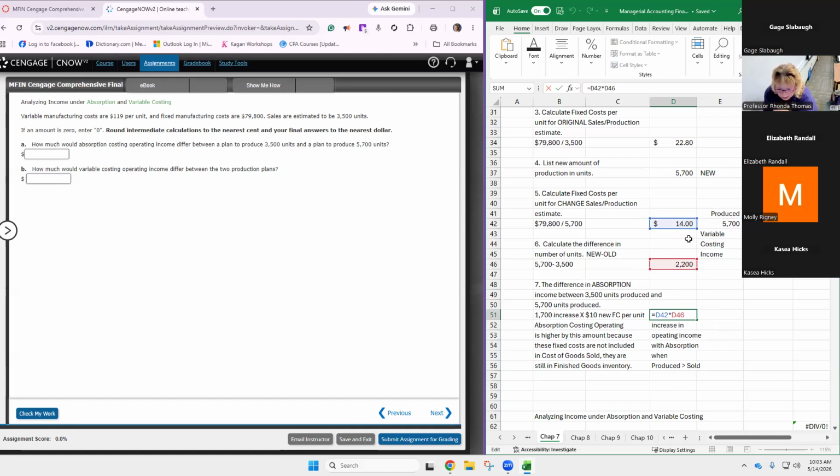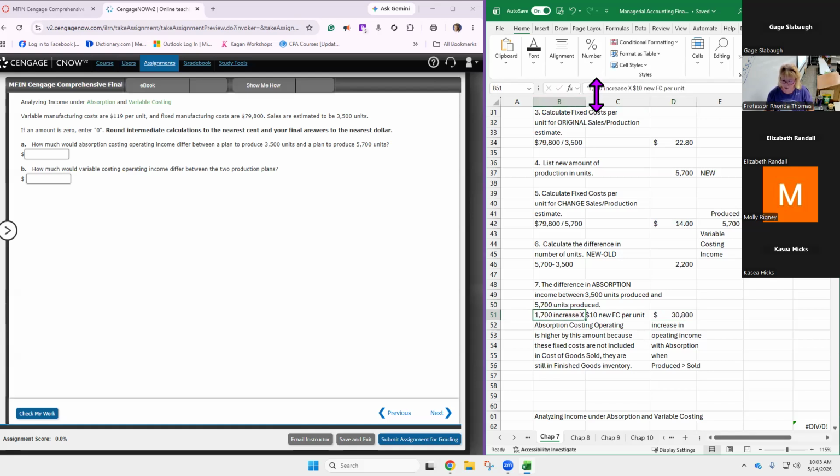And you say, how does finding a fixed cost result in more income? Well, I'll try to explain it. Let me go back. All right, here's how it works.